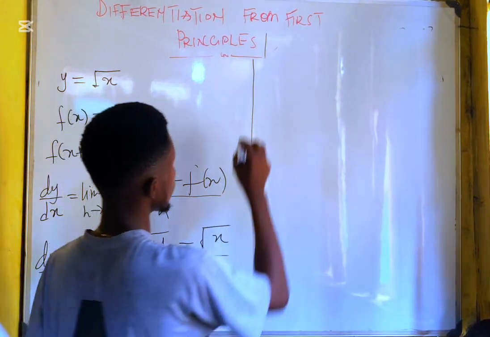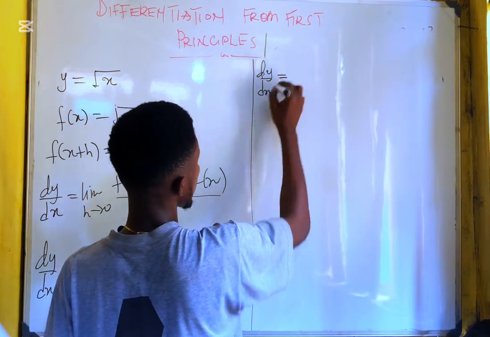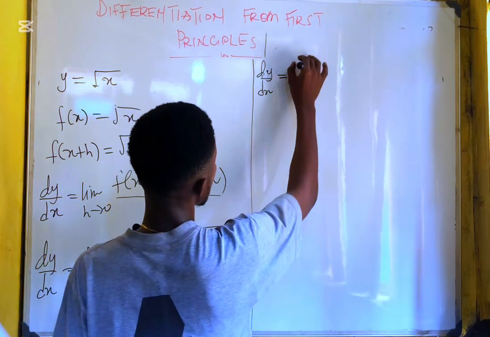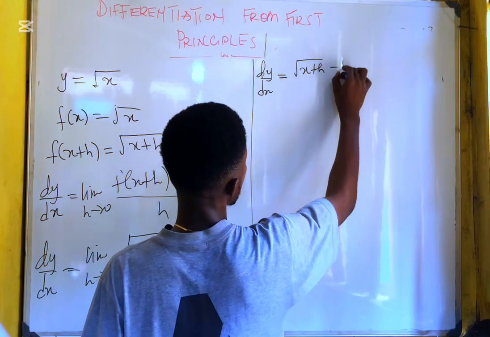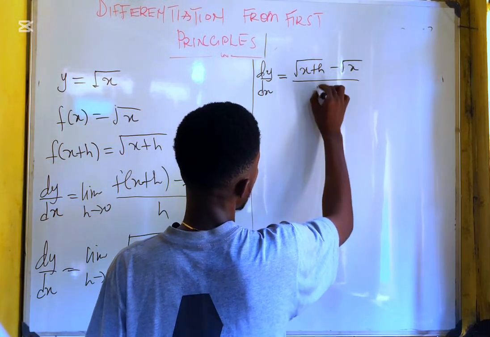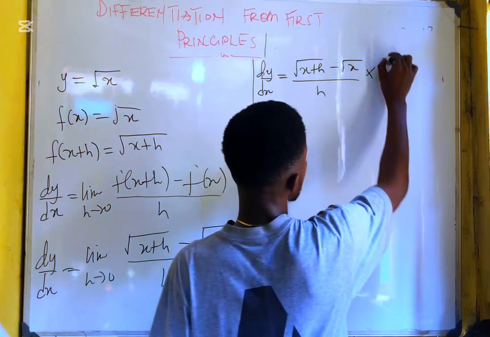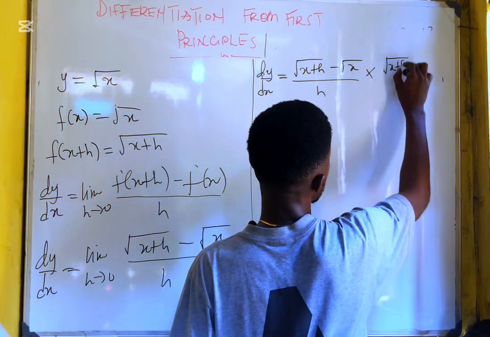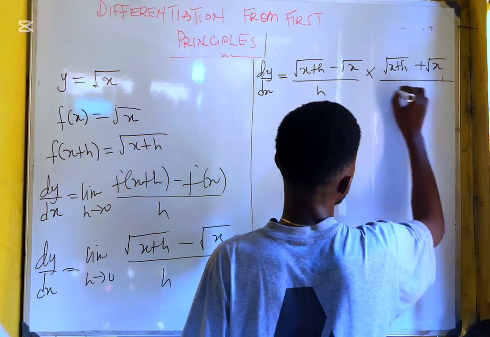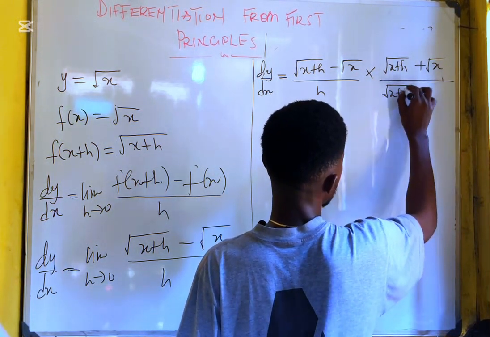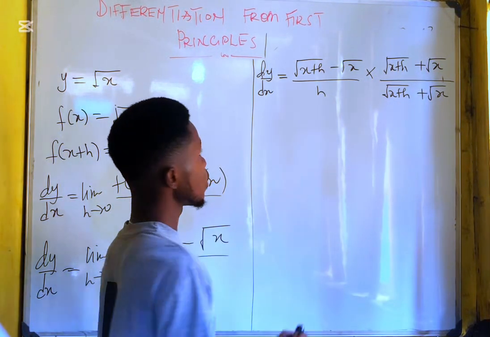So here we have dy/dx equals the square root of x plus h minus square root of x, all divided by h, times, so I'm conjugating it, root x plus h plus root x, all divided by root x plus h plus root x. This is how it's going to be.